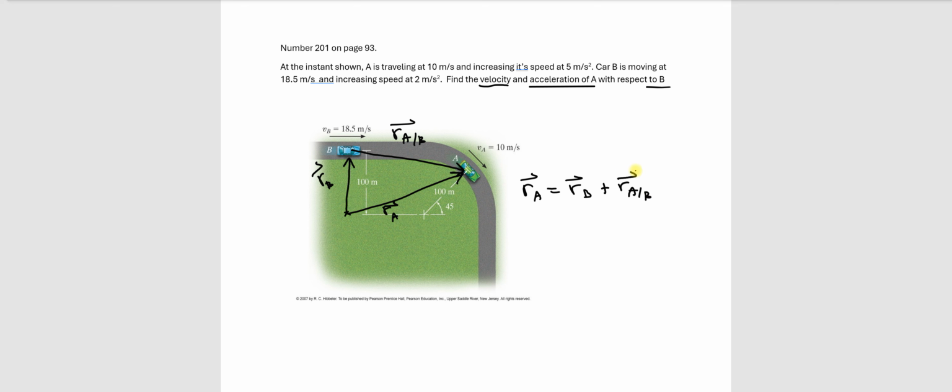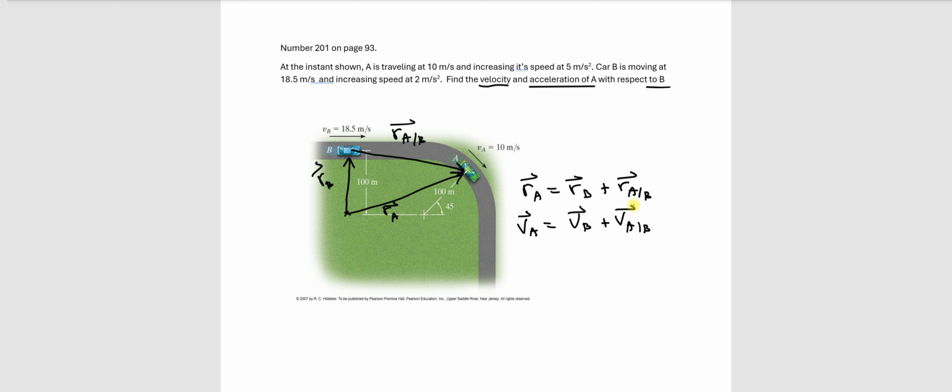Now, this differentiates to the velocity of A equals the velocity of B plus the velocity of A with respect to B. I think we know these things in the problem. Let's start with car A. A is traveling at 10 meters per second. I don't care about its acceleration right now.